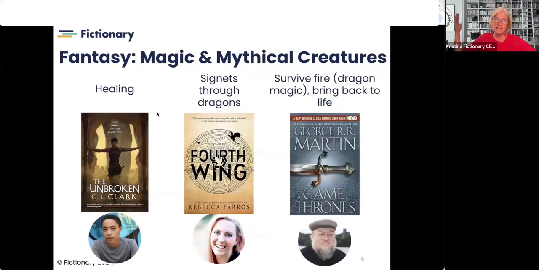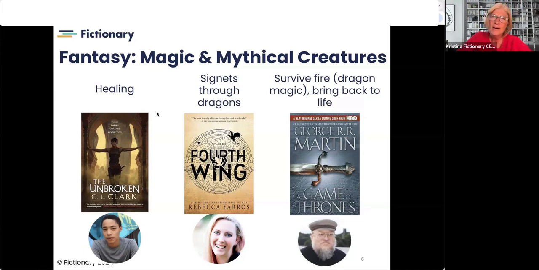Okay, so fantasy, it's magic and mythical creatures. That's it. So type a yes in the chat if you've read these books or any of these books. Lots. Okay, good. Nice.